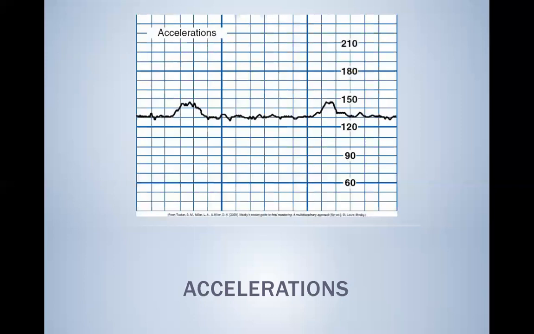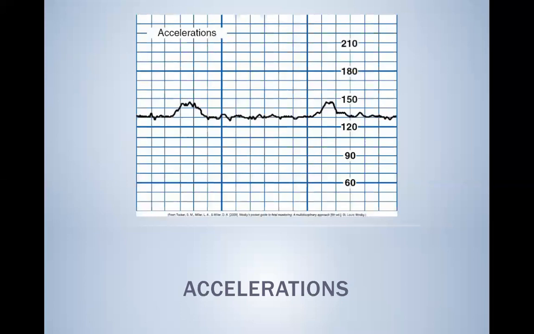Babies under 32 weeks can produce a 10 by 10 acceleration, and that has to do with their neurological development. So under 32 weeks, we only expect a 10 by 10, which means that the acceleration goes 10 beats above baseline and lasts for at least 10 seconds.